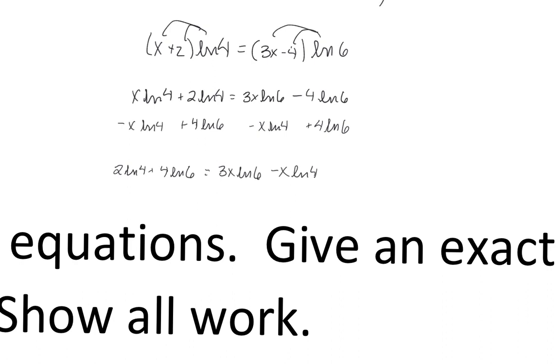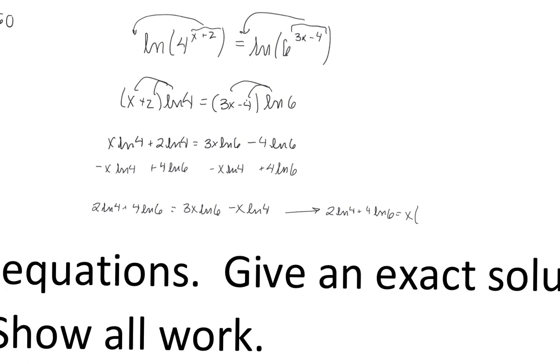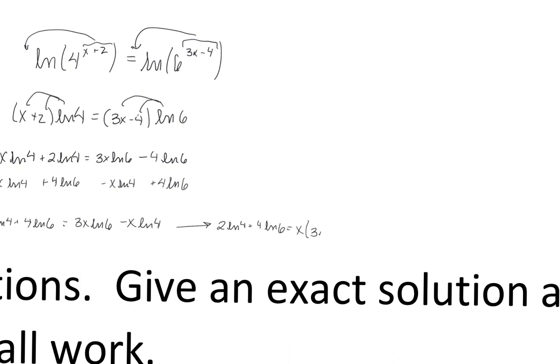So since these both have an x in common, I'm going to go ahead and factor that out. So that is going to be 2 natural log 4 plus 4 natural log 6 is equal to x times 3 natural log 6 minus natural log 4.